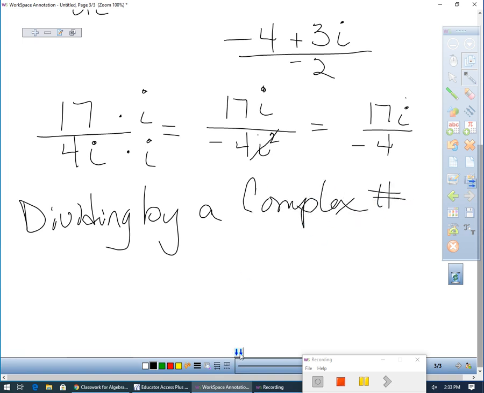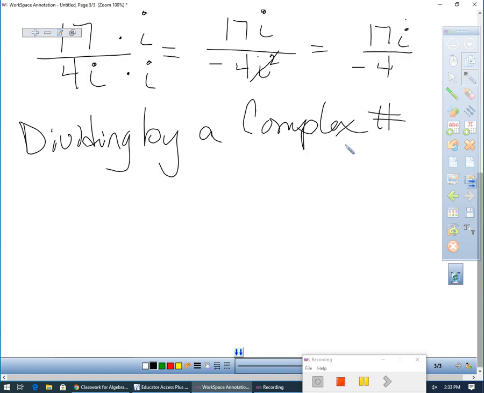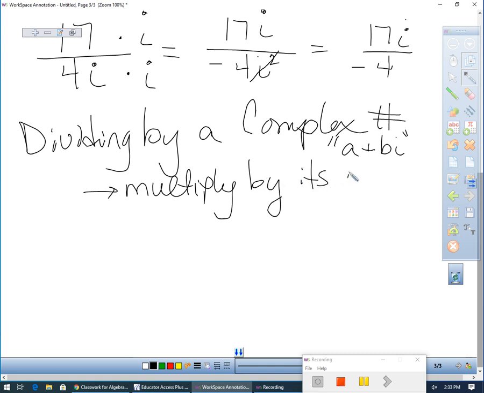When you divide by a complex number, and when I say complex, that's when we have that A plus BI form, if I'm dividing by something that's a number plus an I, I have to multiply by its conjugate, to top and bottom.